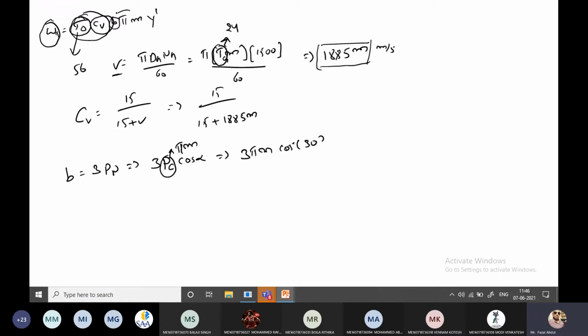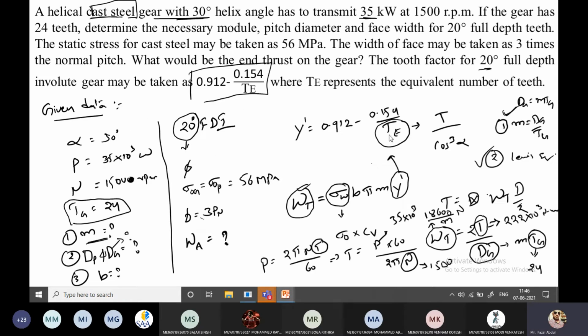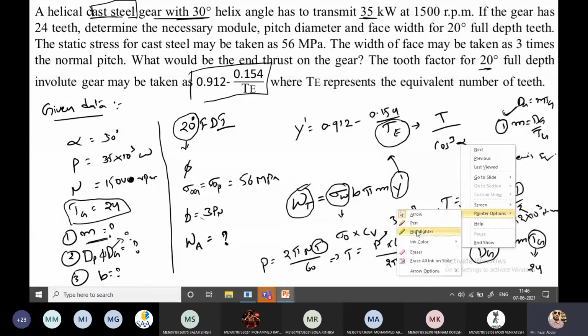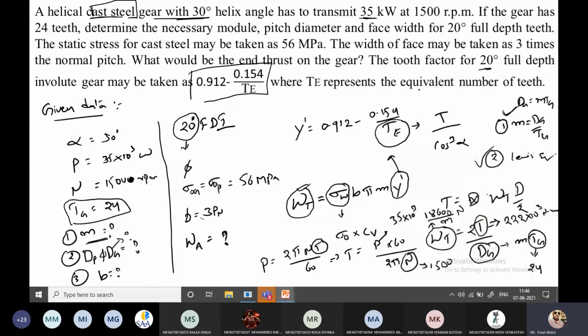Now pi m is known here. Y dash, how much? From this equation, substitute first the alpha value, 30 degrees, and you will get the TE value. First substitute the TE value: TG, I am writing directly 24 by cos cube 30.